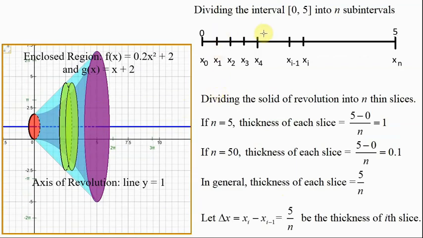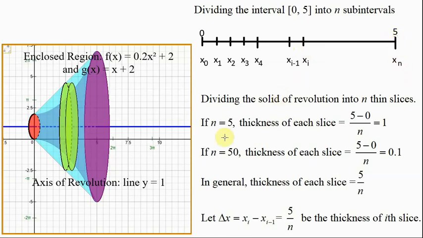So the first thing I'm going to do is divide the interval from 0 to 5 into n number of subintervals. So the first value here, let's call it x sub 0, which is 0, and then we get x sub 1, x sub 2, x sub 3, x sub 4, and then eventually we'll get to the ith interval, and right here, this will be x sub i minus 1, and this is x sub i, and then all the way up to 5, and then right here we get x sub n, which is 5.